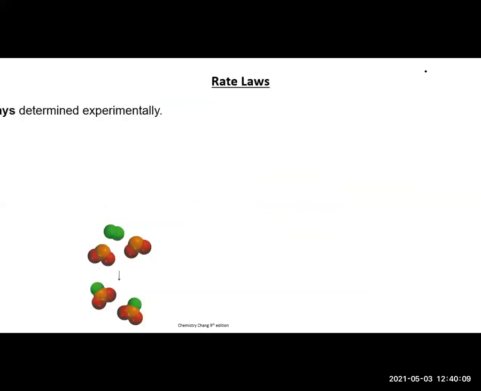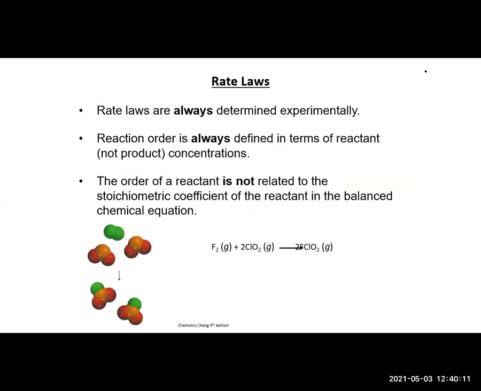Okay. So as we've seen here, a couple of things. The orders are always determined experimentally, and really the rate laws are determined experimentally. The orders of the reaction are always in terms of our reactants, not our products, so no products in there.